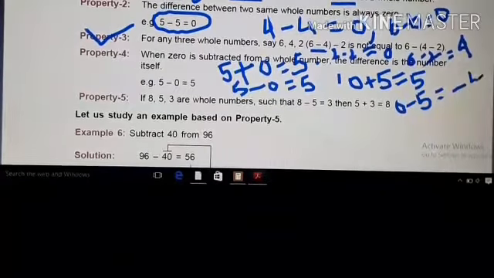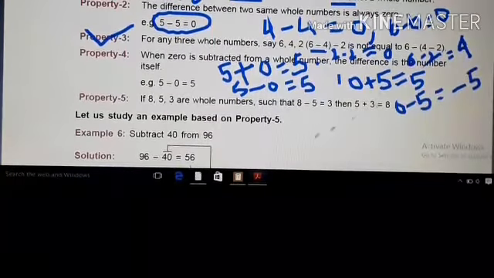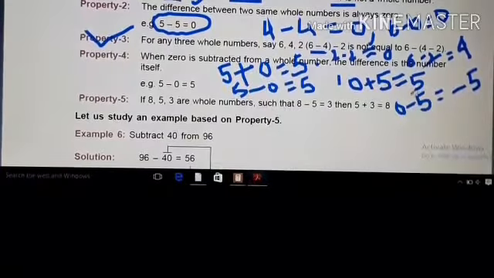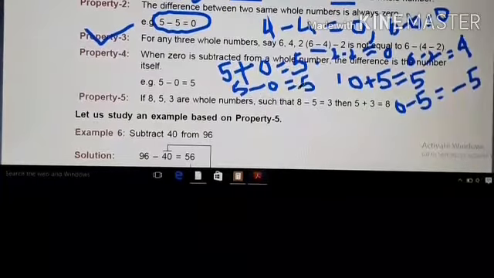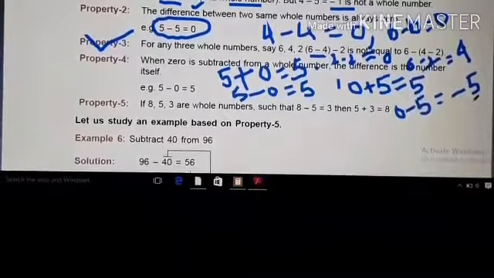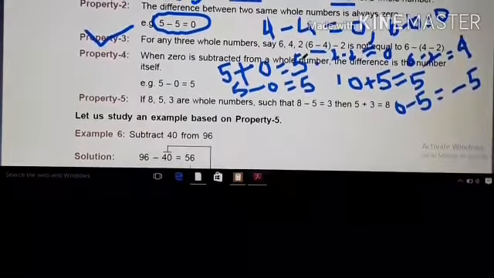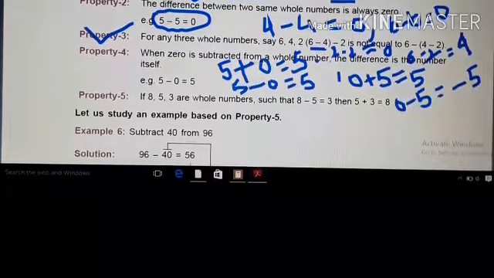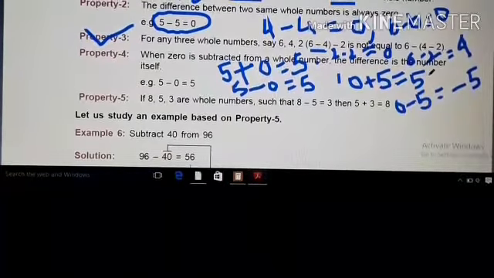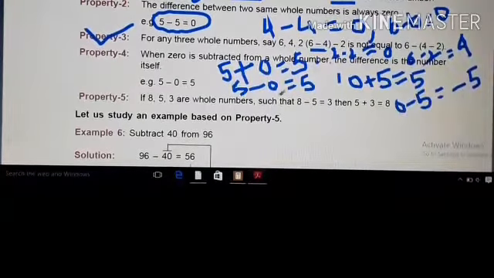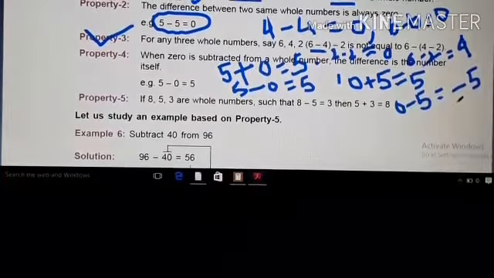Minus 5. Mind it. This is not the same. 5 minus 0 is 5, but 0 minus 5 is minus 5. It is an integer.